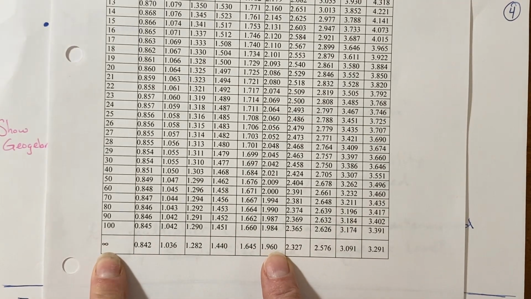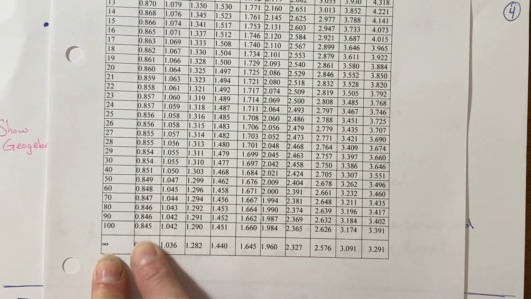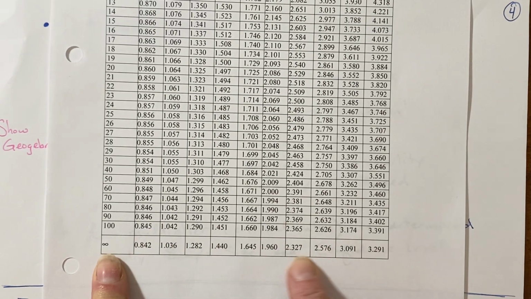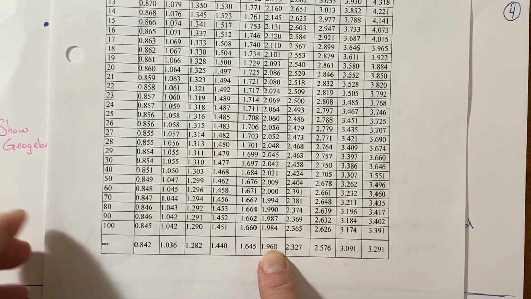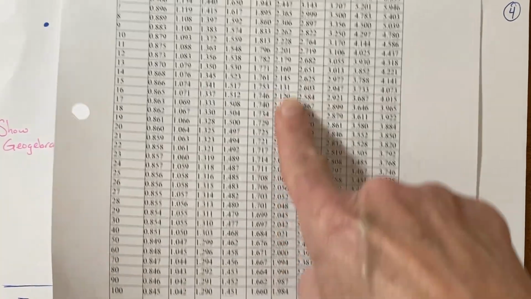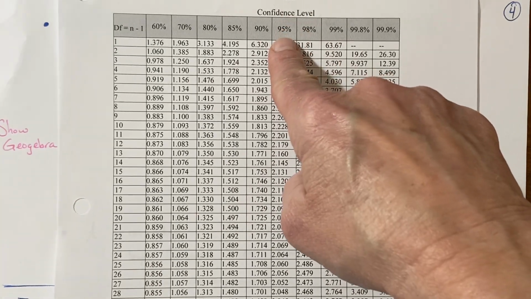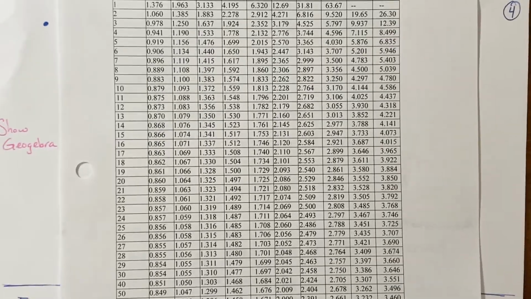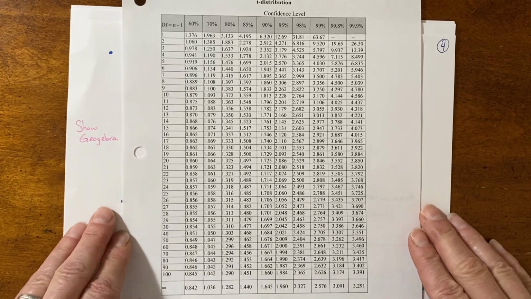Notice when we get beyond 100, they're pretty much the same values. These are exactly the same values as the Z scores. There's my 1.96 for 95% confidence.